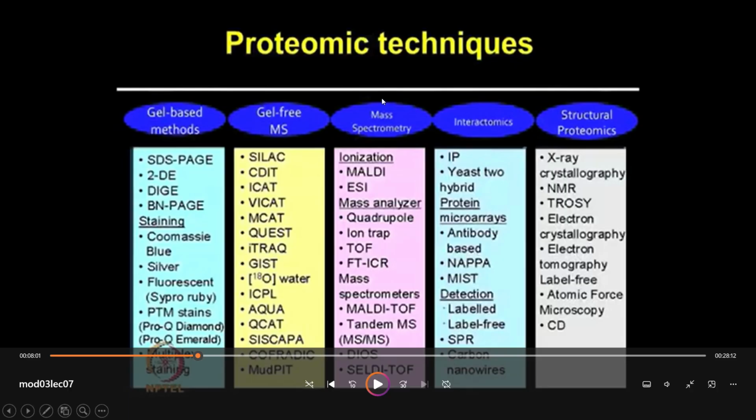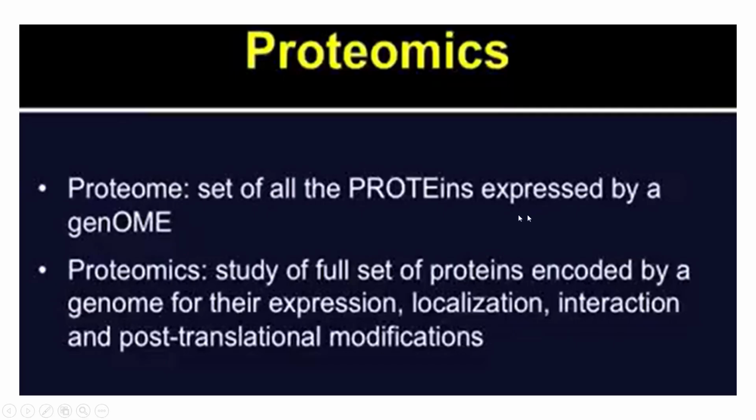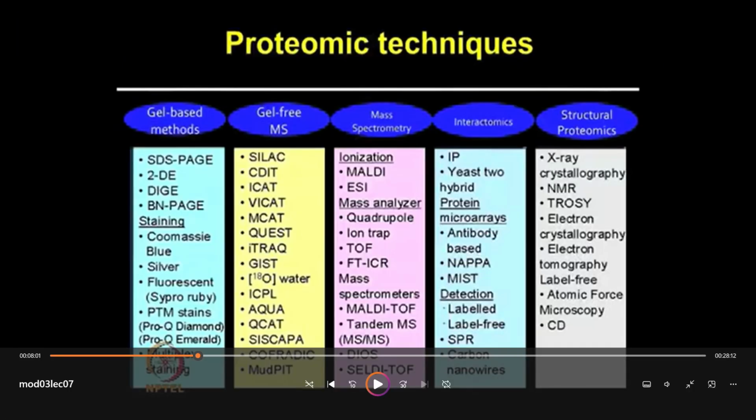In that we are dealing with only protein, like studying only the protein or set of all proteins expressed by the genome, whether it is expression, localization, interaction, whatever it is. If we're studying that, that's nothing but proteomics, and we can study that using different methods, that is gel-based methods or gel-free methods, using mass spec, using interactomics, or if in that protein itself we just want to study the structure, then there are certain techniques.